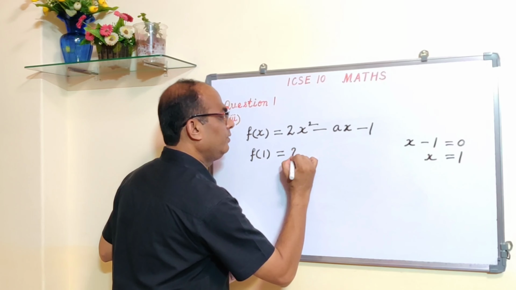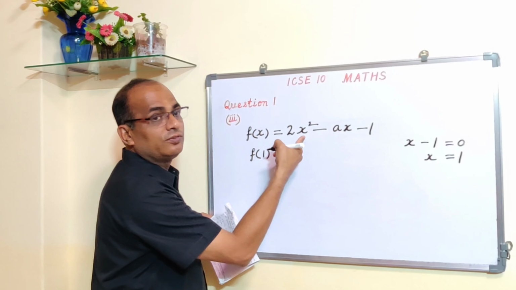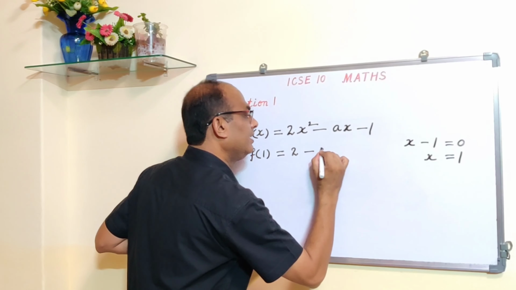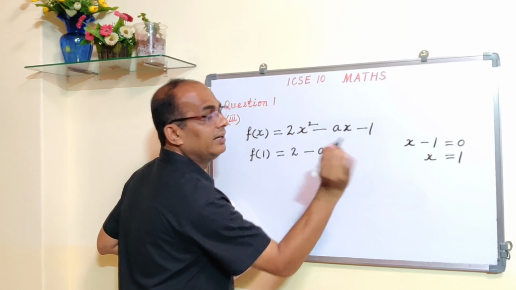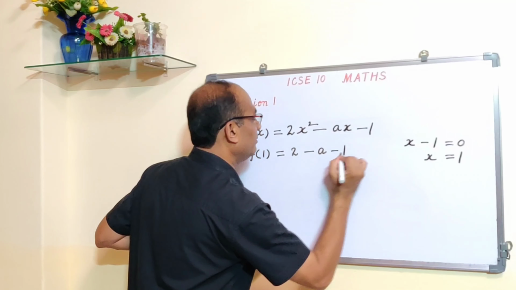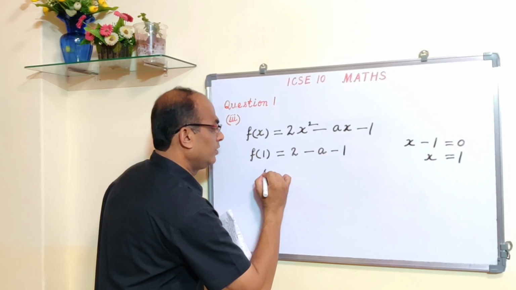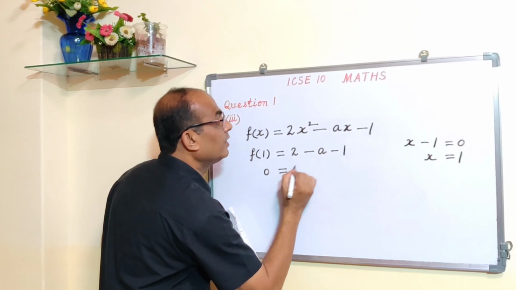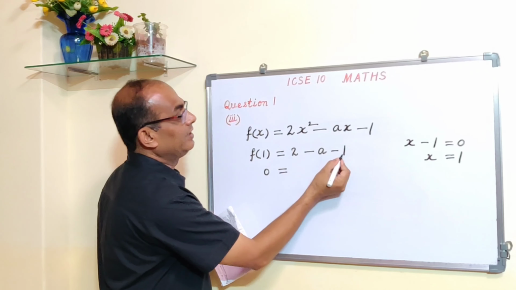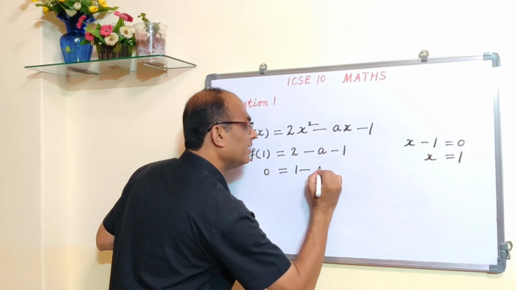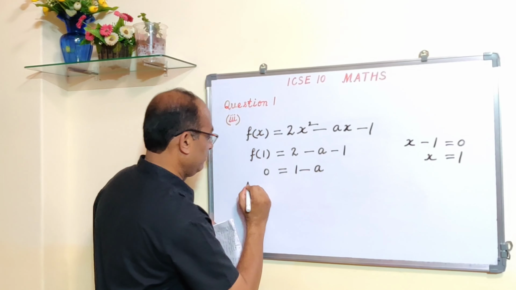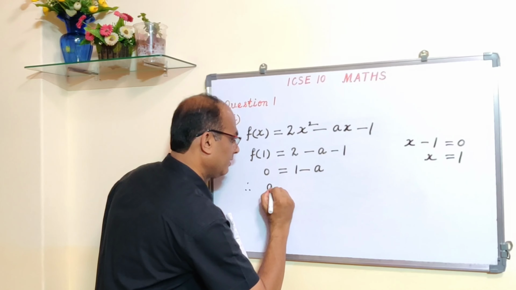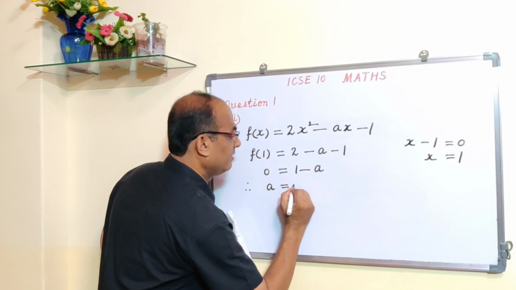So first we find f(1). f(1) is 2 times 1 squared, which is 1, minus a, and minus 1. And this is 0. So 0 is equal to, this is how much? 2 minus 1 is 1. So 1 minus a. Therefore, a is equal to 1.